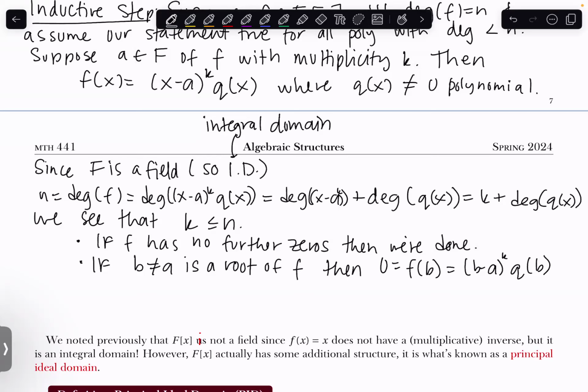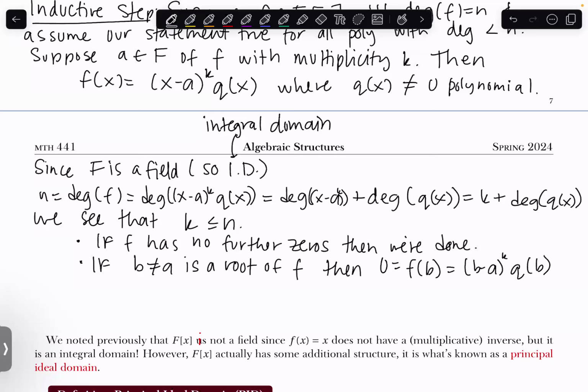So here we're plugging in b for your x value into this one way that we wrote our function in terms of x minus a. Anytime I saw an x, I'm going to replace it with b. And the thing I want to notice is that I have a product equal to 0 in a field where this is not equal to 0, so this one has to be 0.